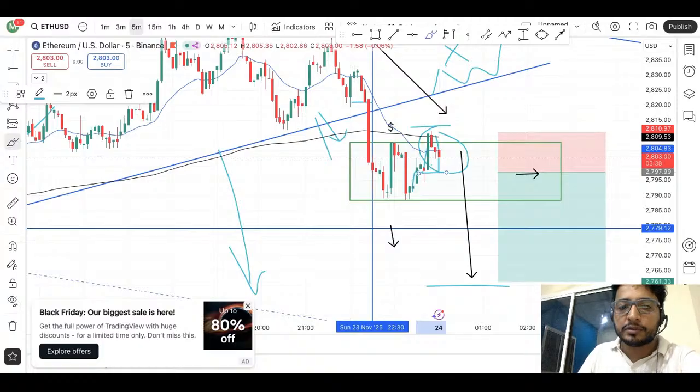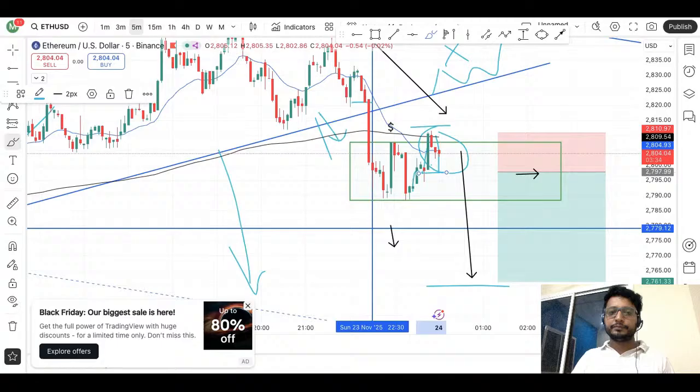I did not think these kinds of things would happen. Ethereum US dollar. I will try to stop the screen share and then share again, and see if that works. Just a minute, I will refresh the screen once again.